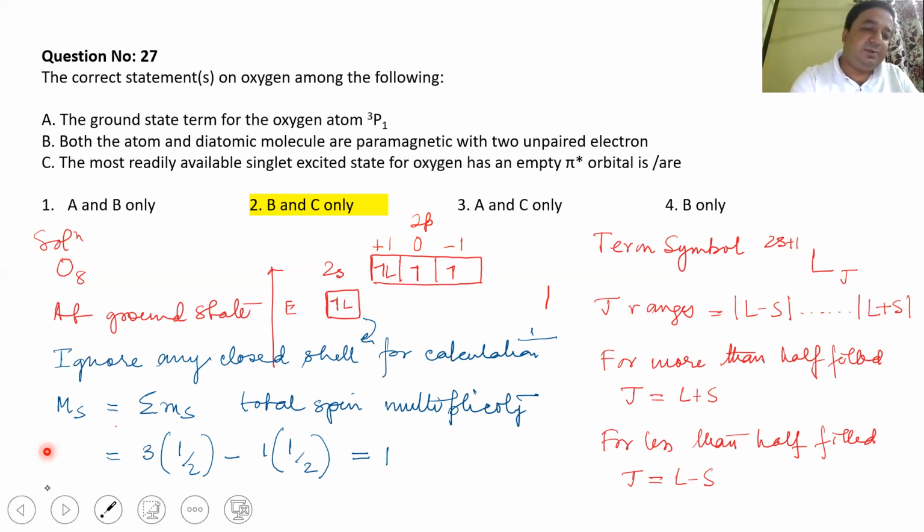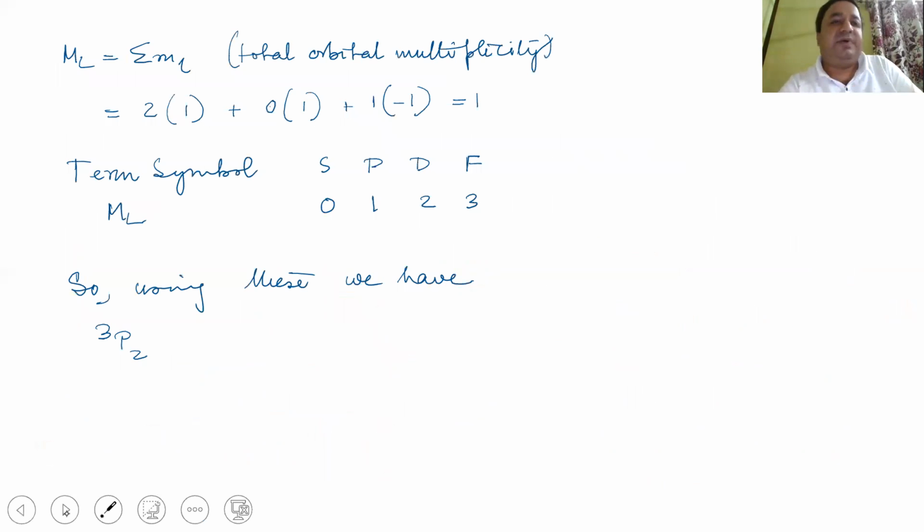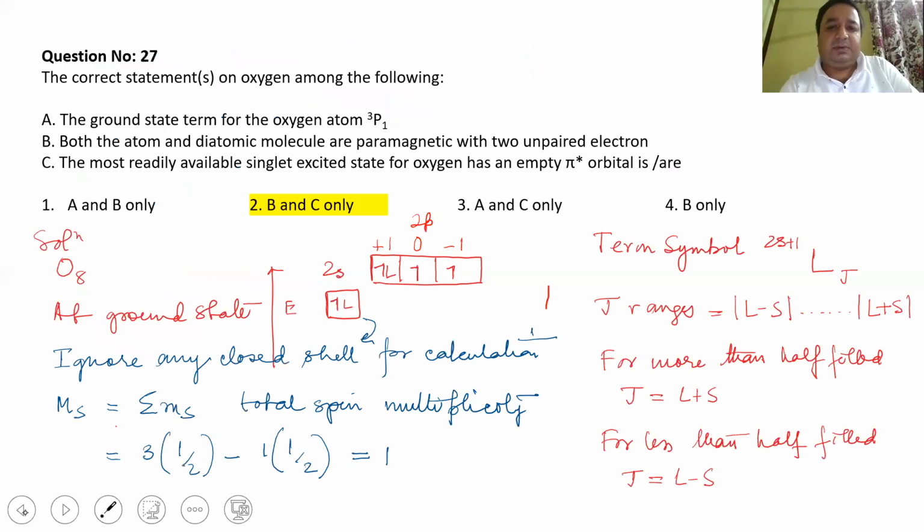In the next slide, we will find out the total orbital multiplicity. For the calculation of L, we have to consider that there are 2 electrons with ml value plus 1, 1 electron with ml value 0, and 1 electron with ml value minus 1.